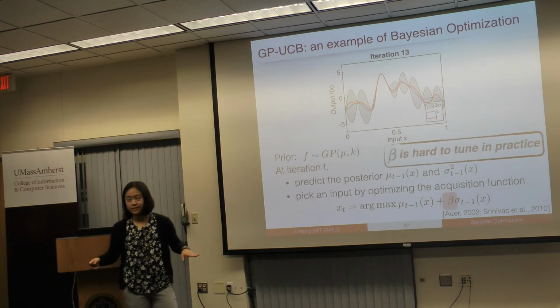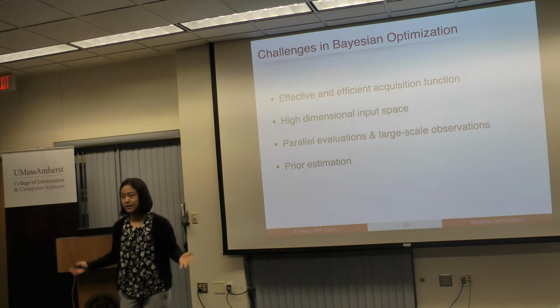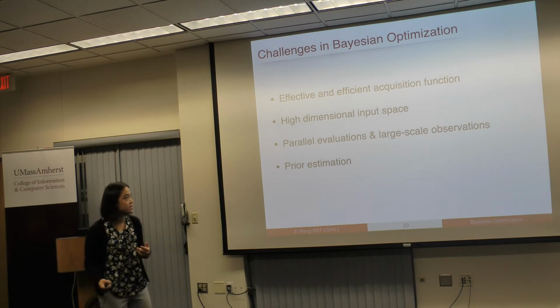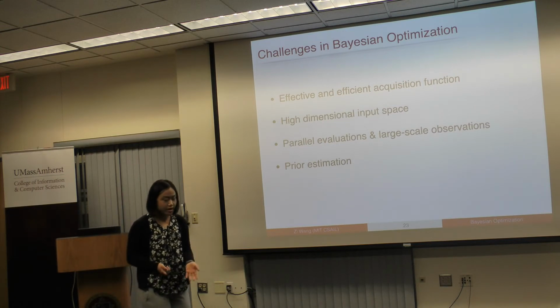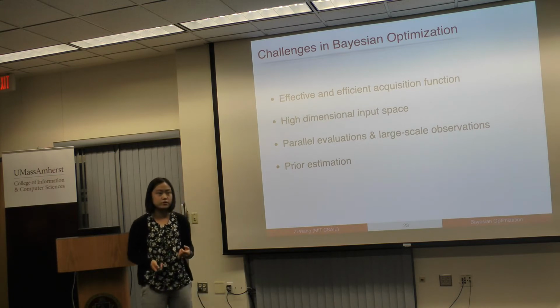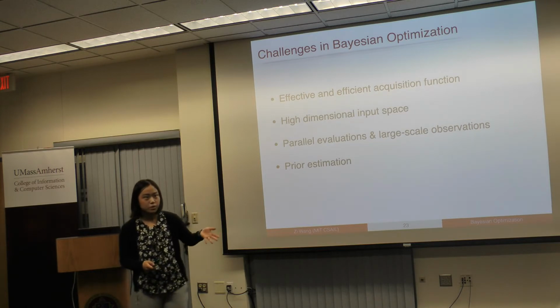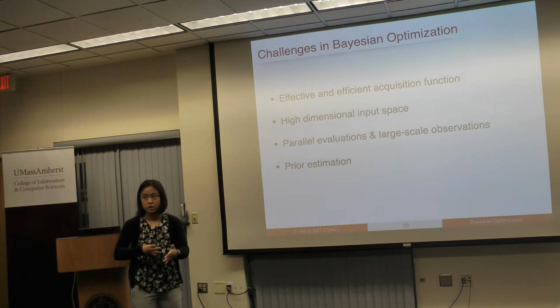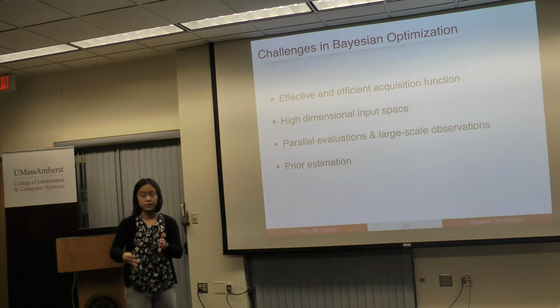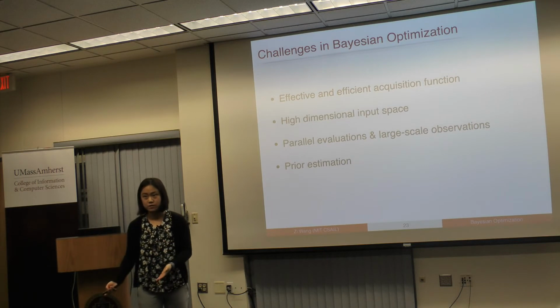Okay. So that's a brief overview of what this problem is and what a standard approach is. But there are still quite a few difficulties in this field, including getting a good acquisition function, how to scale up this approach to high dimensions, how to do parallel evaluations in each iteration of the approach, and how to scale up to a larger number of observations.